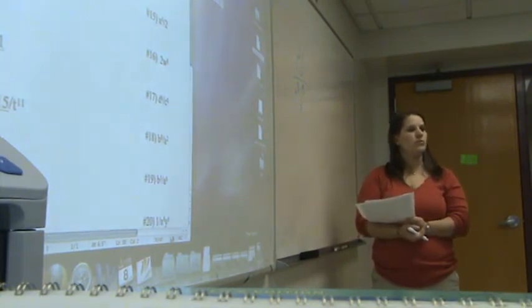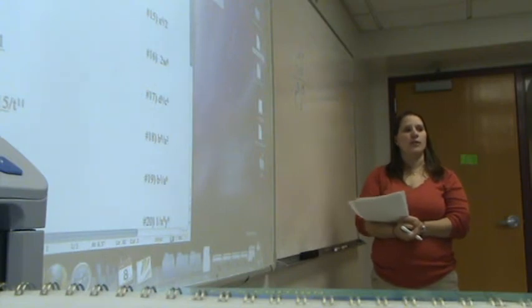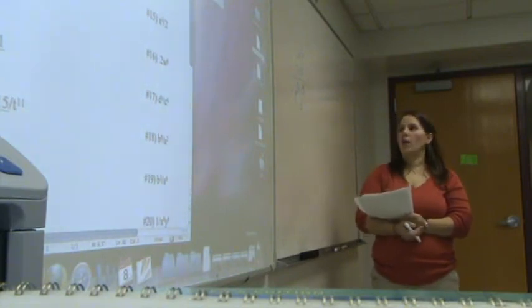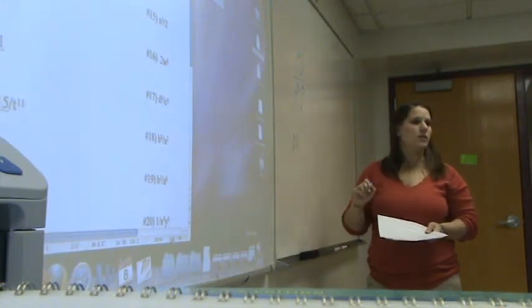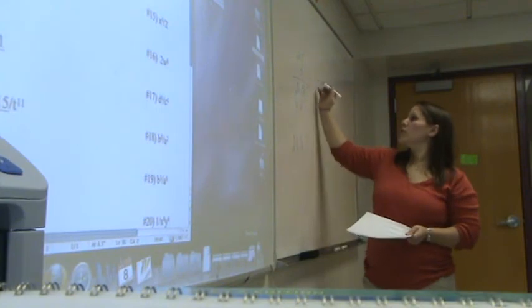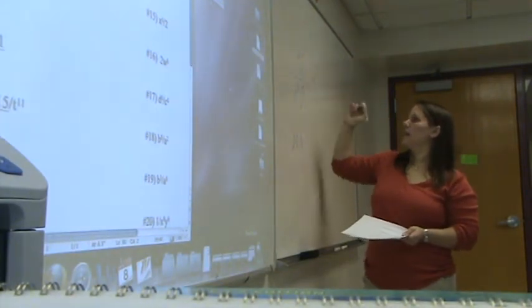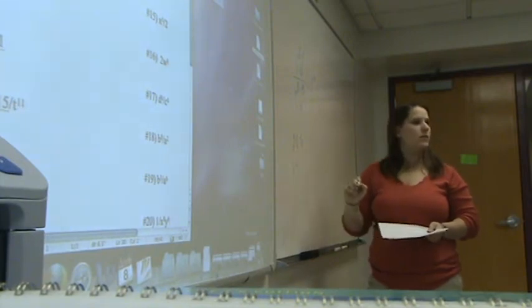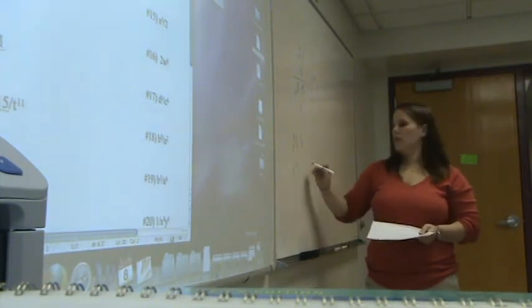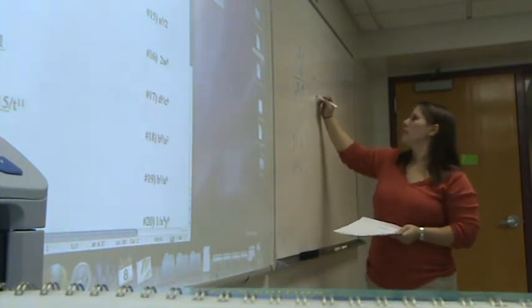Probably with the exponents. Okay, what are we going to do with the exponents? Subtract them. Okay, so 2 minus 8 equals... Oh, no, negative 6. So we have c to the negative 6th, and 11 minus 5 is... Sorry. 6. So we have d to the 6th.